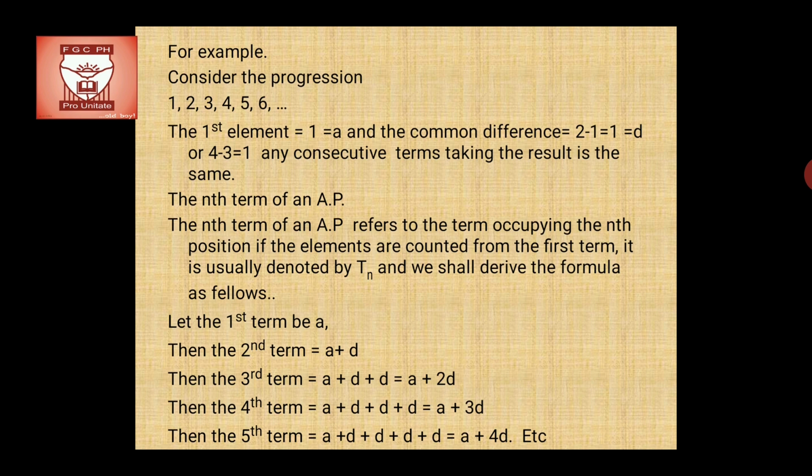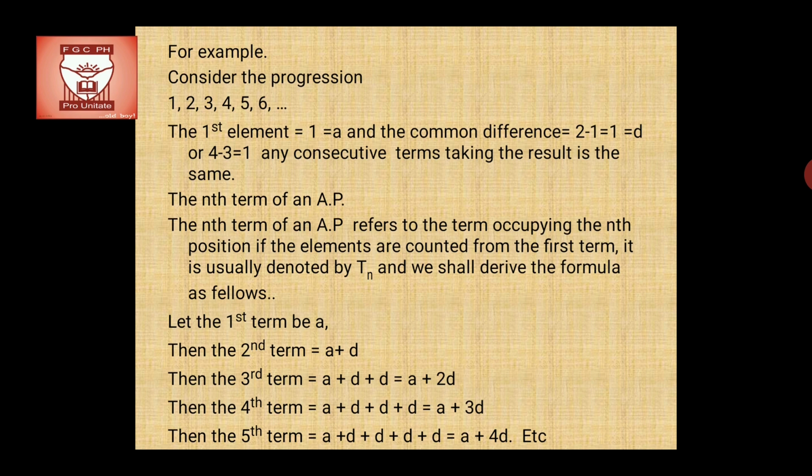Let the first term be A. Then the second term will be A plus D. The third term will follow as A plus D plus D, which is the same thing as A plus 2D. The fourth term is A plus 3D when you add the 3Ds.